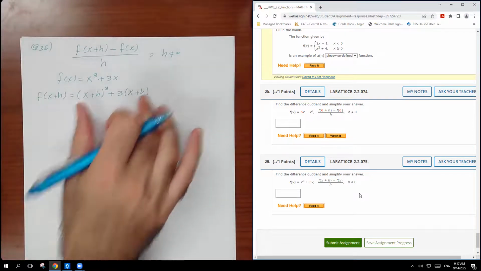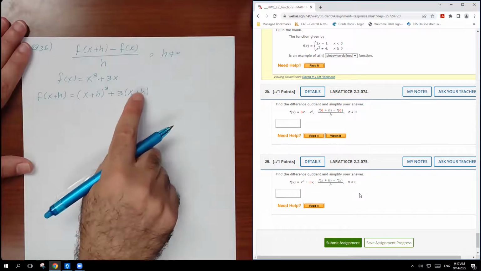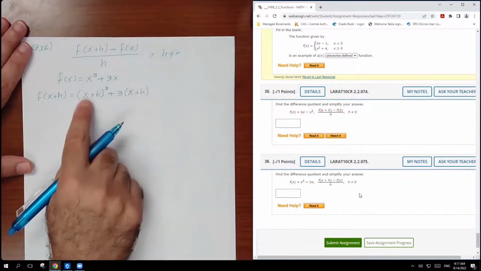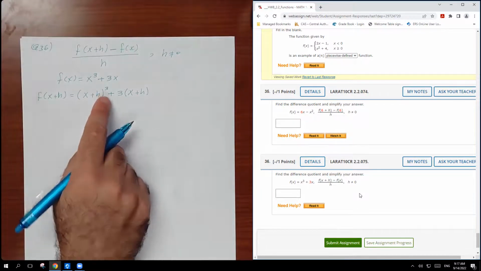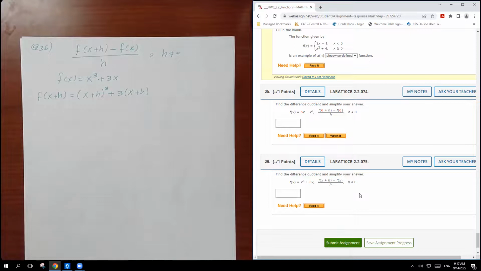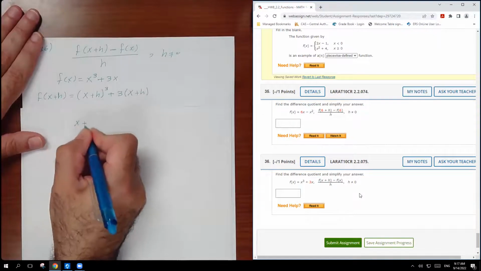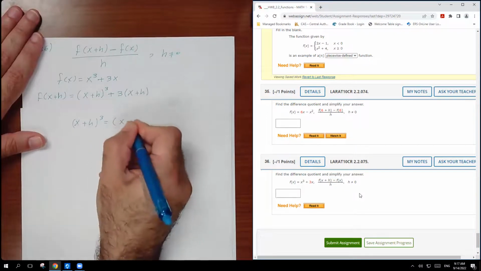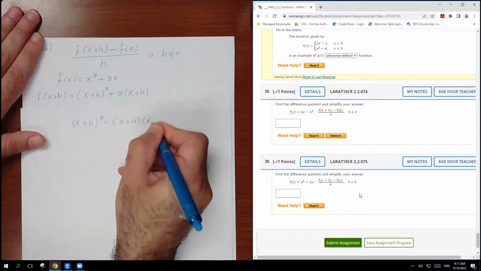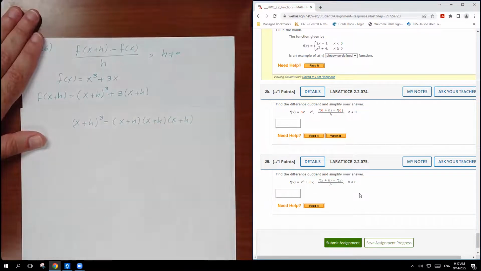Let's simplify this part. How are we going to simplify this one, and how are we going to simplify this one? This one is just going to distribute. But what about this one? How are we going to simplify x plus h cubed? Let's do it on the side. So x plus h cubed is the same thing as x plus h, x plus h, and x plus h, 3 times.